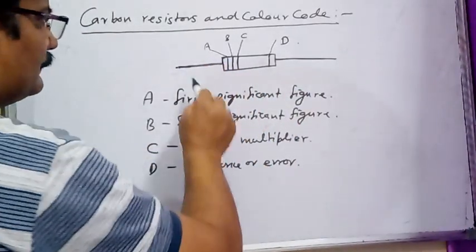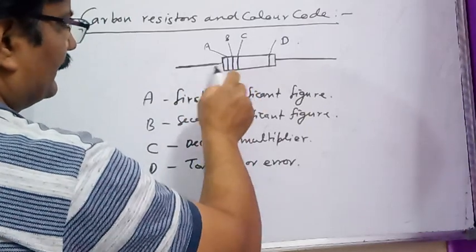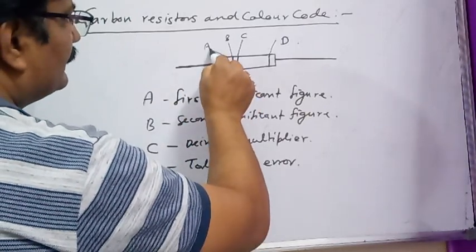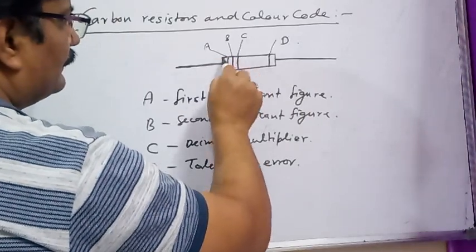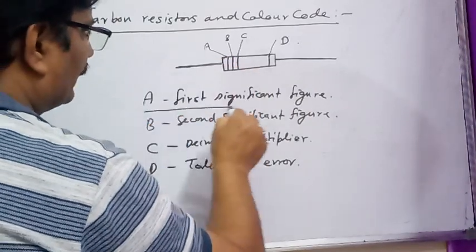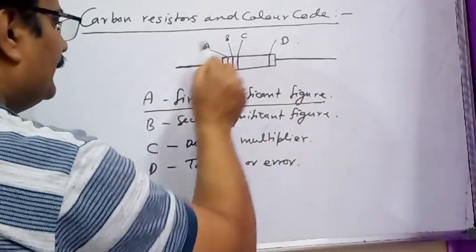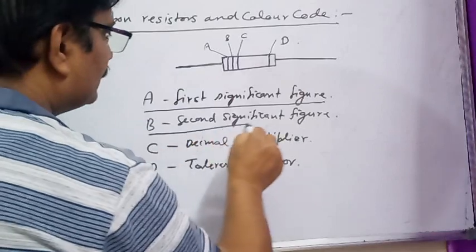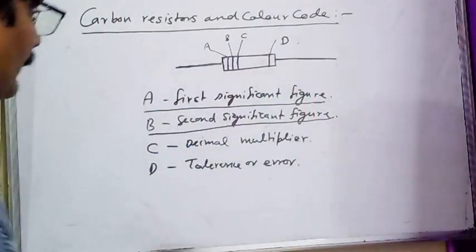Starting from one end of the carbon resistance, the first colored band or ring is the first significant figure. Suppose this is ring A. Ring B is for the second significant figure of the value of that resistance.